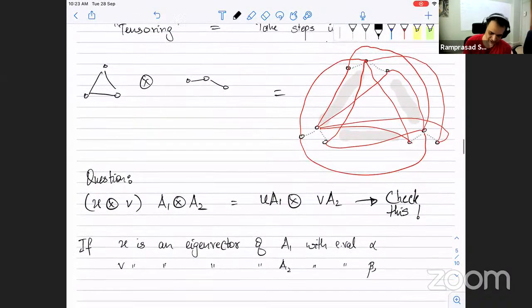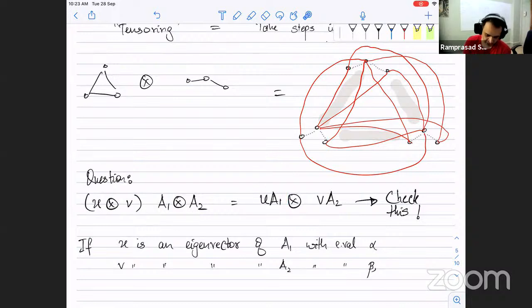Now, a corollary of the above observation: suppose U is an eigenvector of A1 with eigenvalue alpha, and V is an eigenvector of A2 with eigenvalue beta. What would happen if I looked at U tensor V applied on A1 tensor A2?